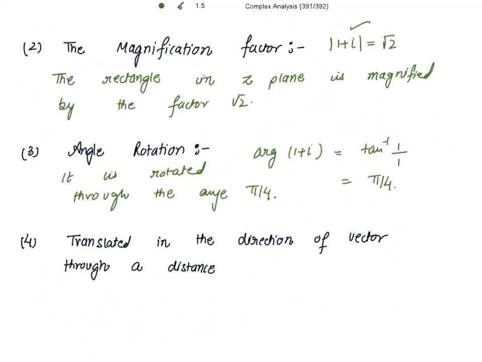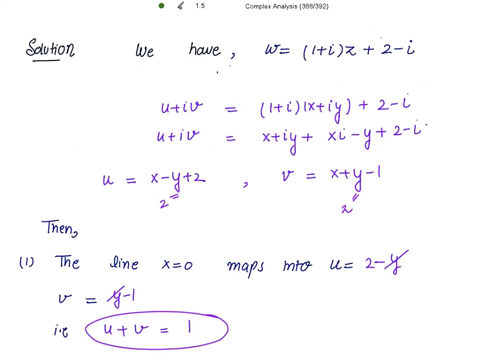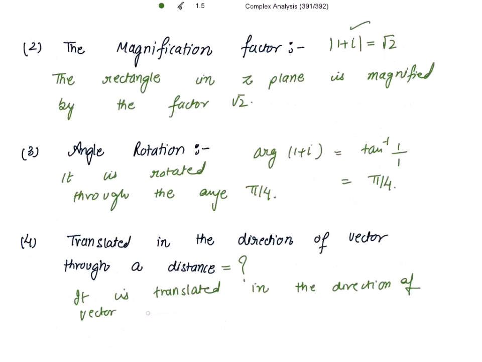And now let's check the translation part, in which direction it is translated and through what distance, which is checked by this vector, right? So the region is translated in the direction of the vector 2 minus iota, through the distance. What is the distance?